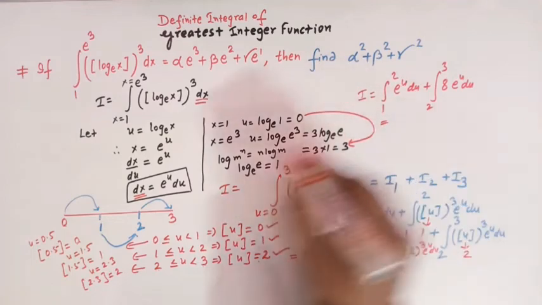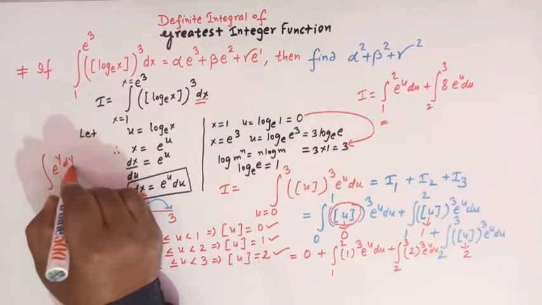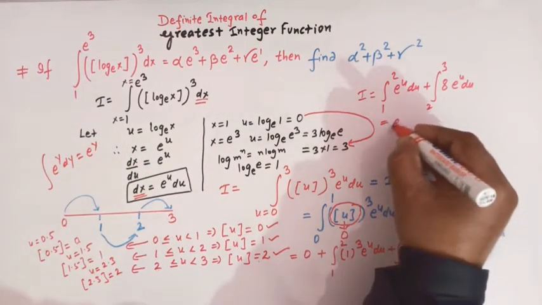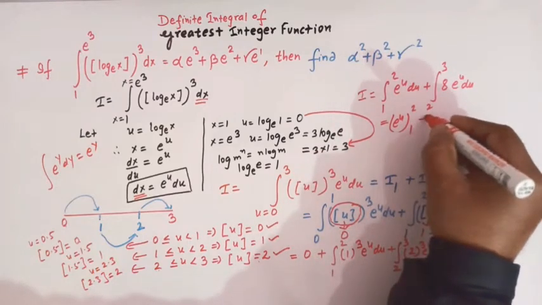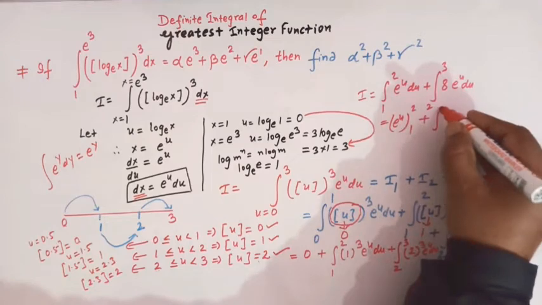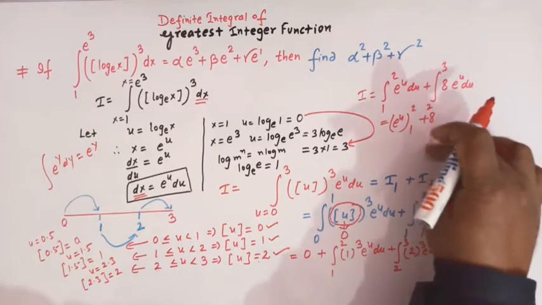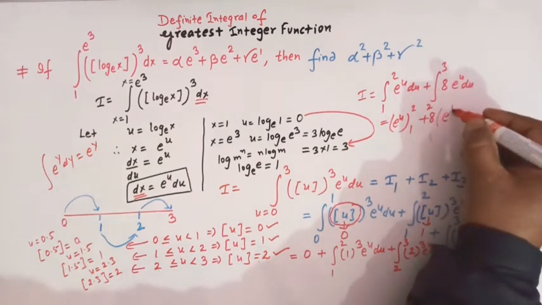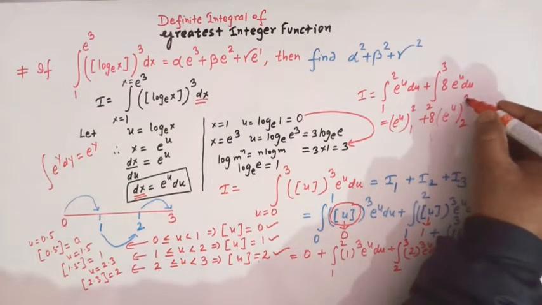And we know that the integral of e raised to y dy is e raised to y, and here we have e raised to u from 1 to 2, then here we can take 8 common, and the integral of e raised to u is e raised to u from 2 to 3.